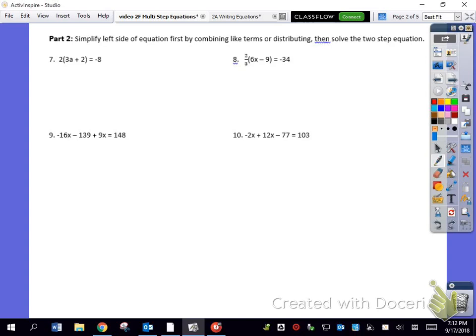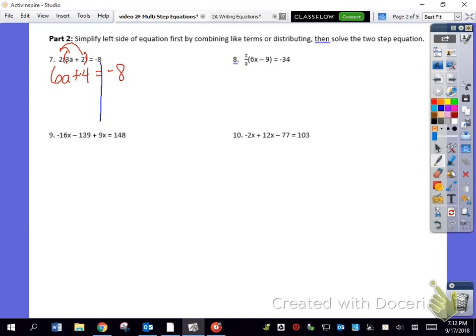All right, on number 7, so this is when we have distributive property. If you've got parentheses, you've got to do that first. So 2 parentheses 3 is going to be 6, and then I bring down the a. 2 parentheses 2 is going to be 4. So I say +4 equals, and then -8 comes straight down. Now you can solve it just like we did before.